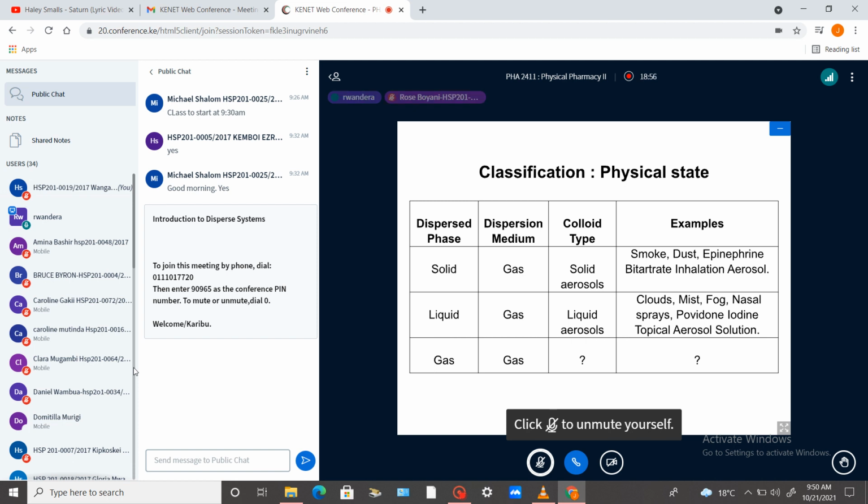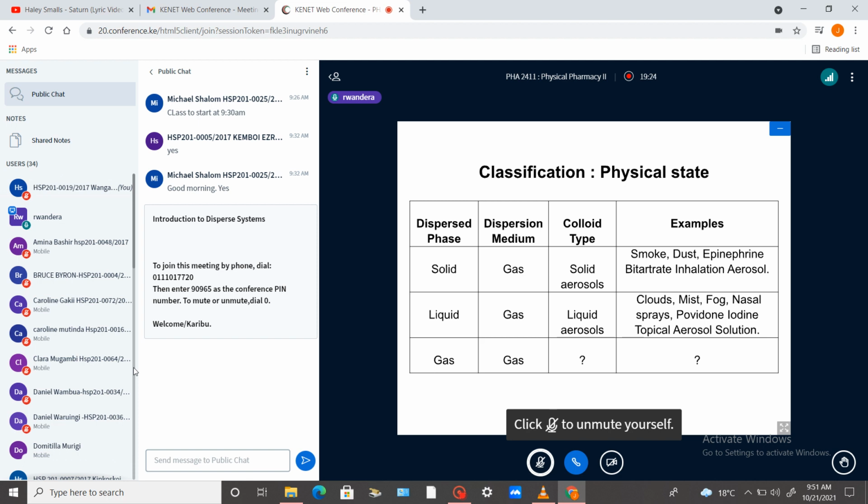What's the particle size range of gases? Anyway, what happens when gases are mixed? They form true solutions. They don't form colloidal solutions. So it will not form a colloid. A mix of a gas and a gas will form a true solution, a molecular dispersion that is.